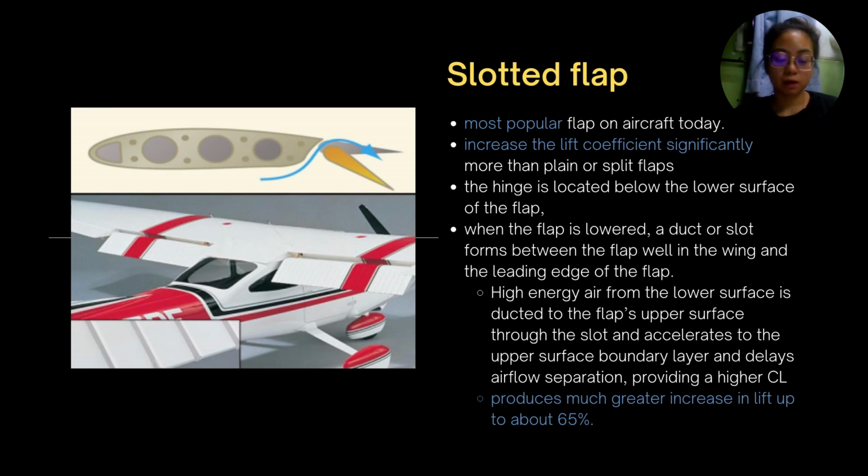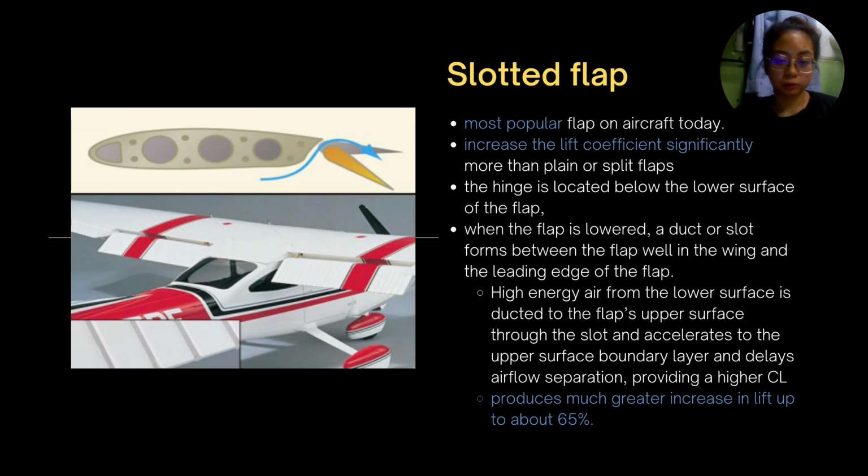The third type of trailing edge flap is the slotted flap, which is the most popular flap on aircraft these days. And slotted flap increases the lift coefficient significantly more than plain or split flaps. And the hinge is located below the lower surface of the flap.